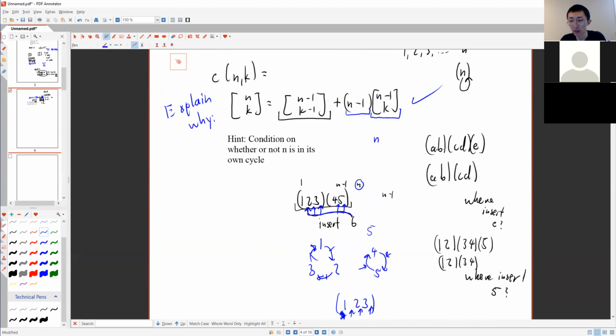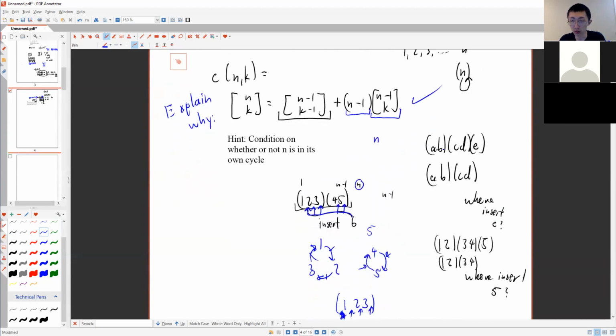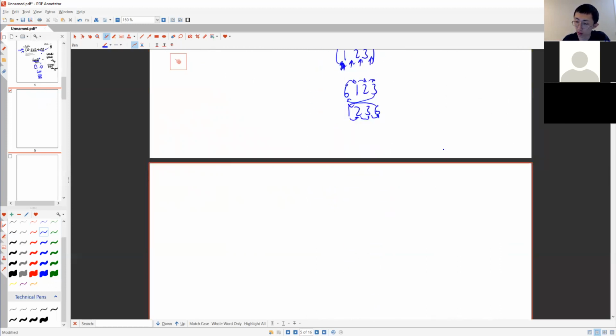So let's write down our table again and see if we can compute.